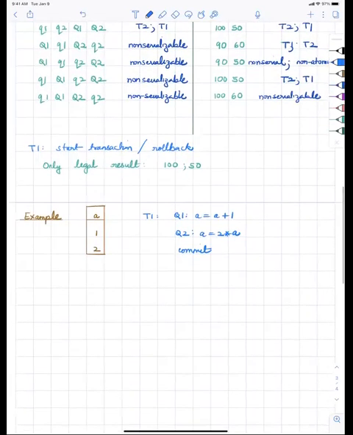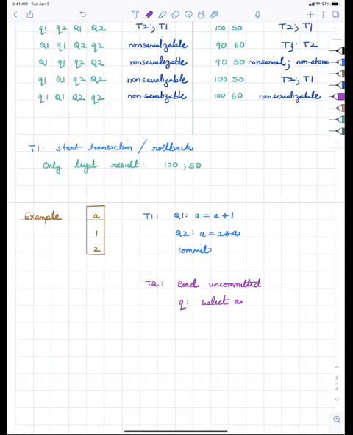Then we have transaction T2, which is the read uncommitted transaction, read isolation level one. What you have is just a query, select A, which is like print A or whatever. That's all that you have.